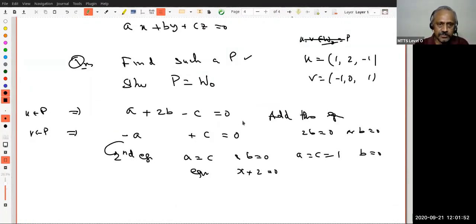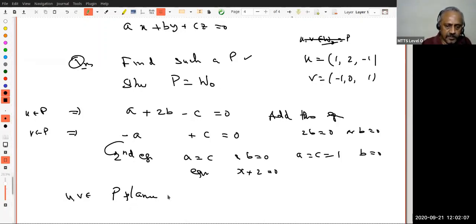Next, what I have to do? So I have found a plane, okay? Now, what is the relation between these? Now, remember, P is a plane, and u and v are there. And this is a plane passing through origin. Therefore, P is a vector subspace. We already know that, right? Okay. And u and v belong to that. Now, W naught is the smallest vector subspace.